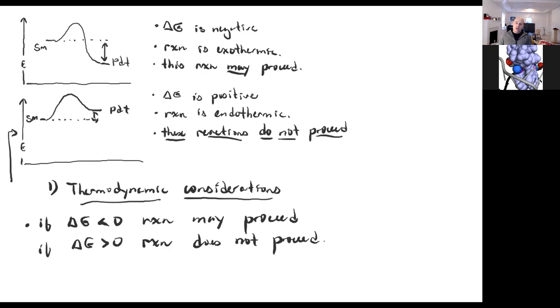Okay, if it may proceed, if it's the top case, I know that it's still a possibility. I know nothing about how fast the reaction occurs. Okay, so we had just had one in a synthesis that we did where it was a 2-week reaction. It took 2 weeks to get from starting material to product.